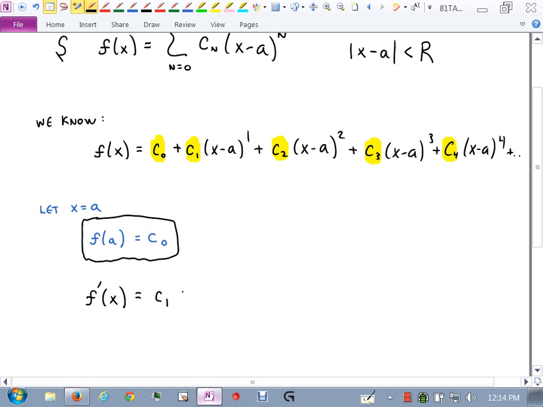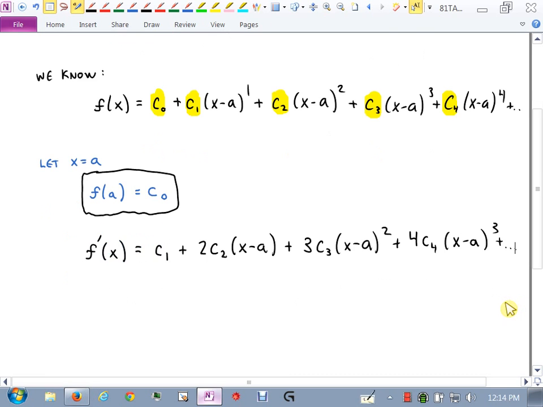Then plus 2c sub 2 times x minus a, plus 3c sub 3 times x minus a squared, plus, let me put one more, 4c sub 4 times x minus a to the third, plus, keep going.